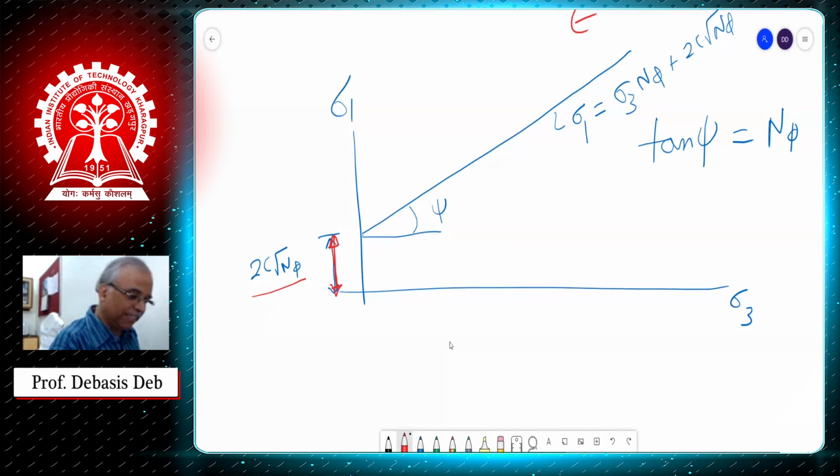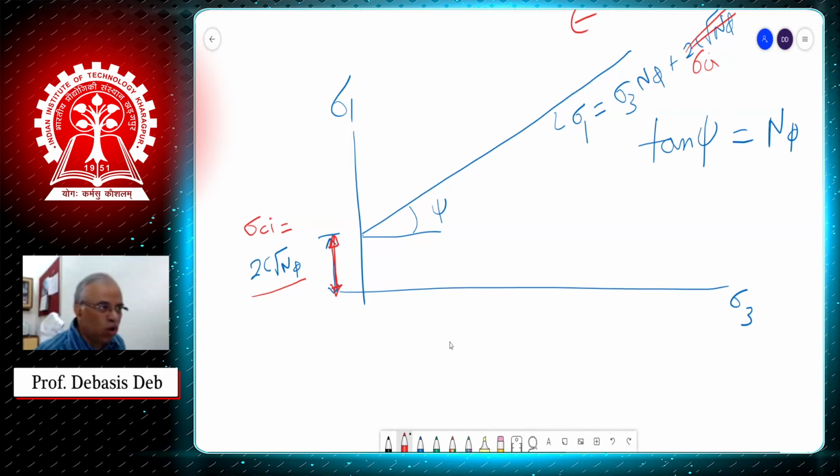And this we normally write as sigma Ci. Sigma C is compressive strength, and we normally say i means of intact rock. So sometimes we replace this by sigma Ci.